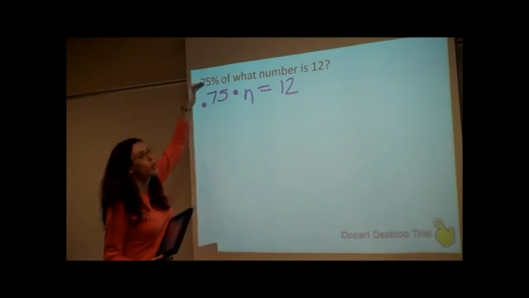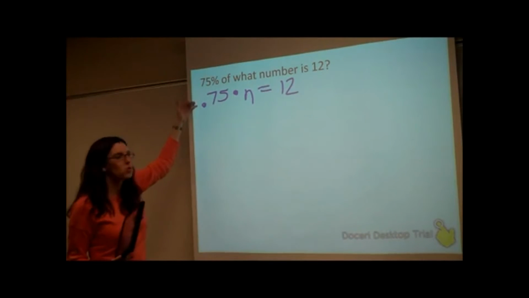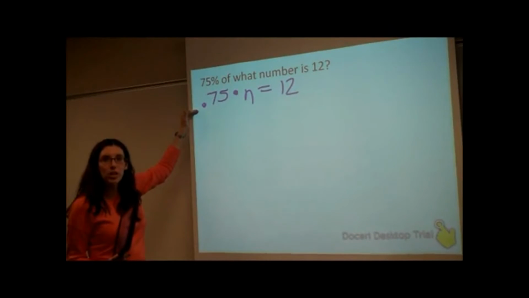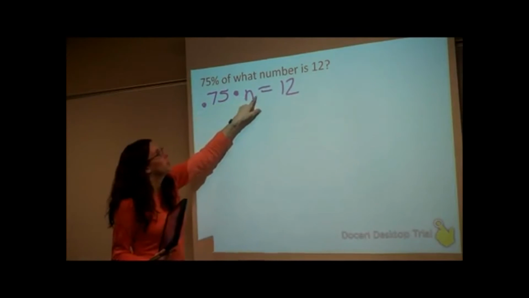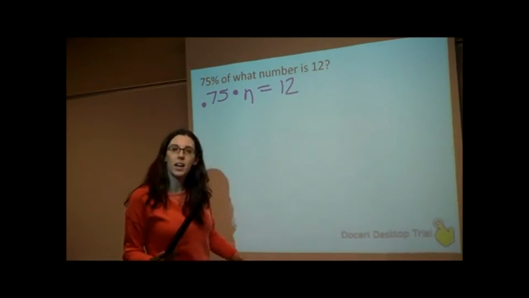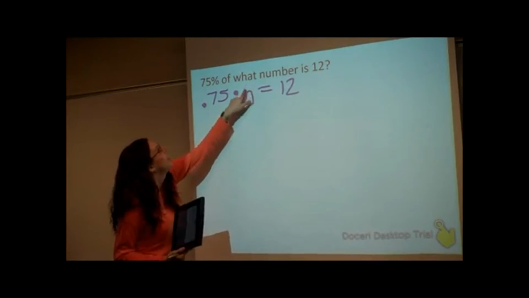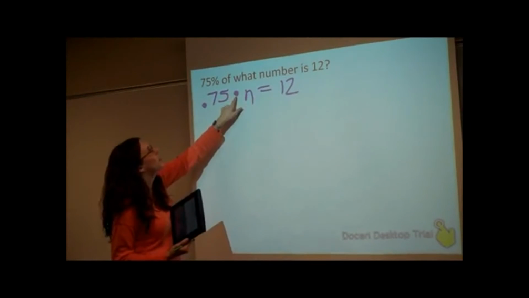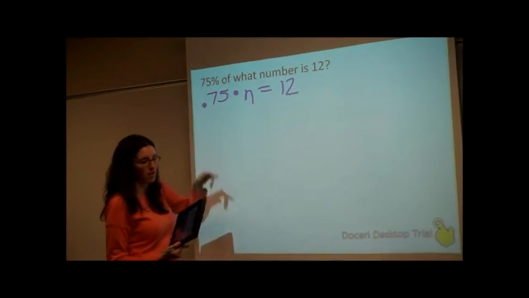So I just went through here, did everything in the same order it's written, and now I have an algebraic equation. 0.75 times n equals 12. Now let's just solve this equation. Here's my variable. It is being multiplied by 0.75.